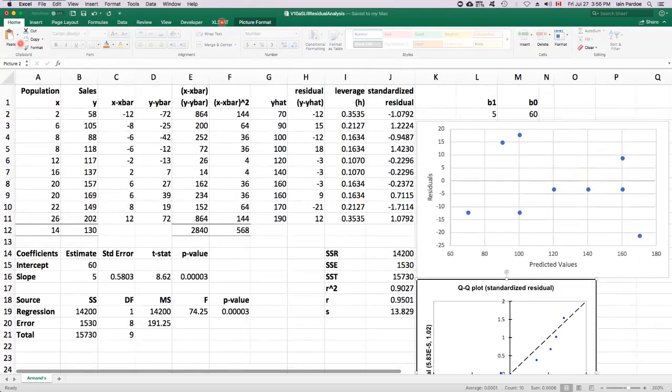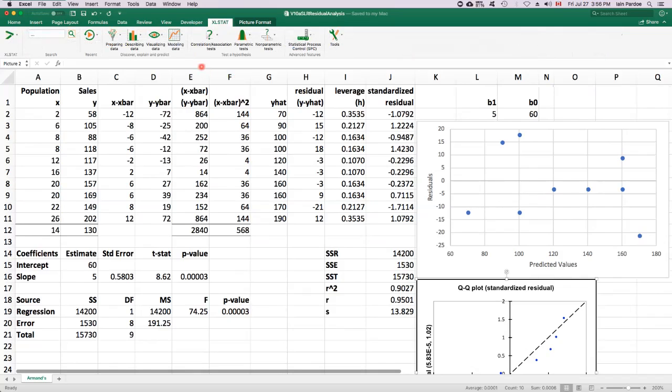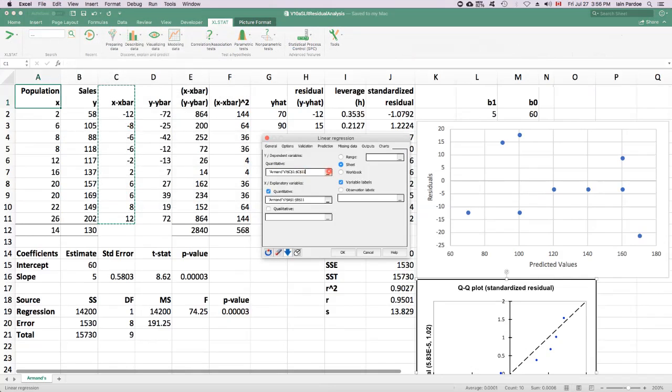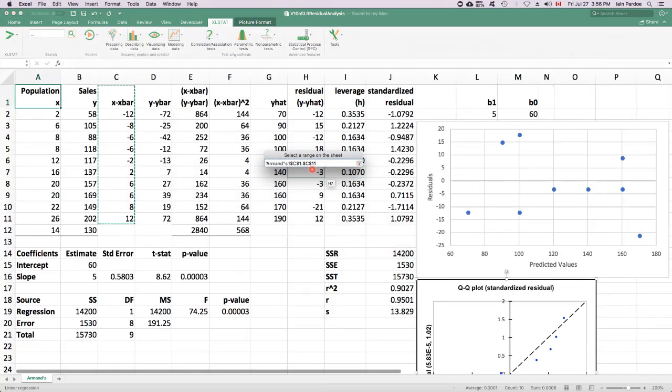So let's get XLStat, and we will model the data using linear regression. And my quantitative variable is sales.